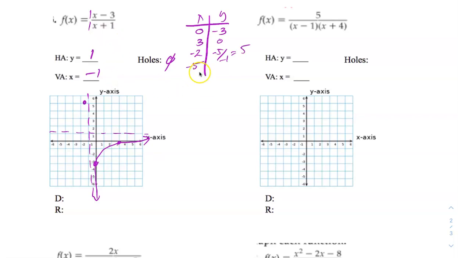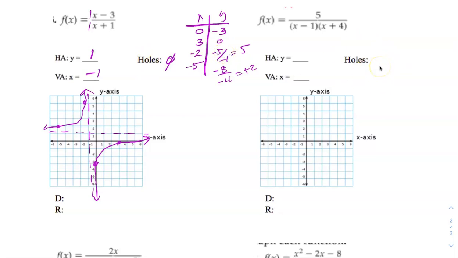And if I plug in -5, -5 minus 3 is -8, -5 plus 1 is -4. So I get 2. I was scared for a second. I'm like, that shouldn't get that. So you get something that looks like this. Right, so again, you can do it by making a table, making values, or you put in your calculator.